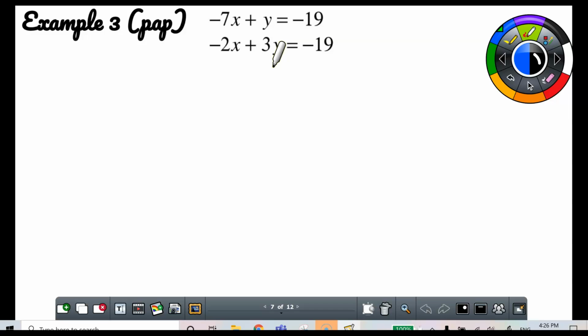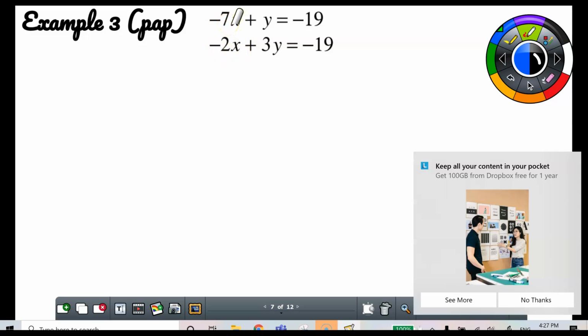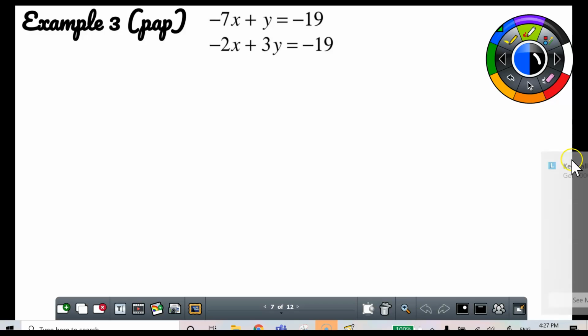So what are you going to do? First, you're going to create the same number by multiplying a number to the entire equation. So can you turn 2 into 7 by multiplying something? You cannot, right? The second thing, can you turn 1 into 3 by multiplying something? Yes, you can. 1 times 3 gives you 3.